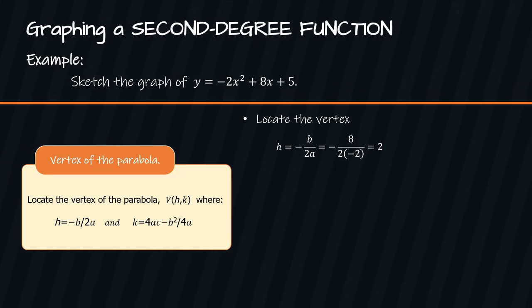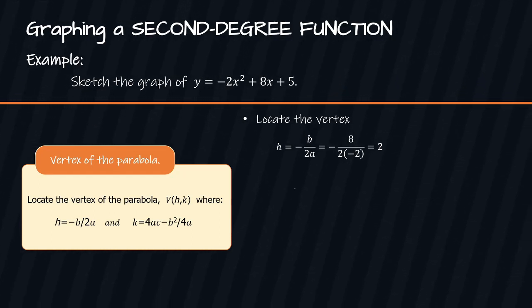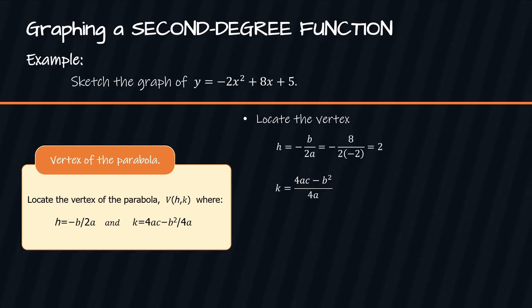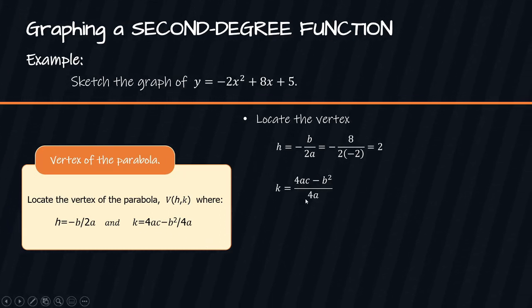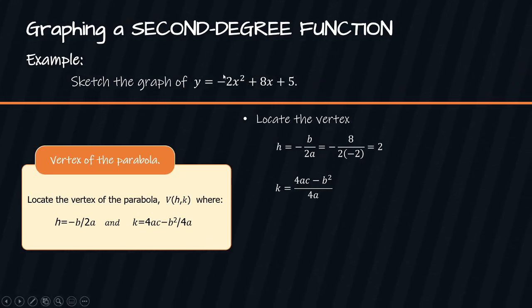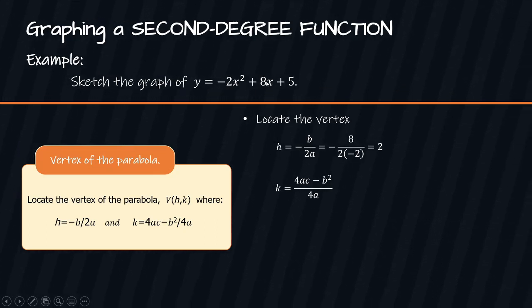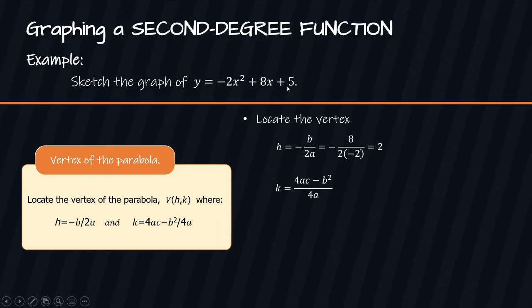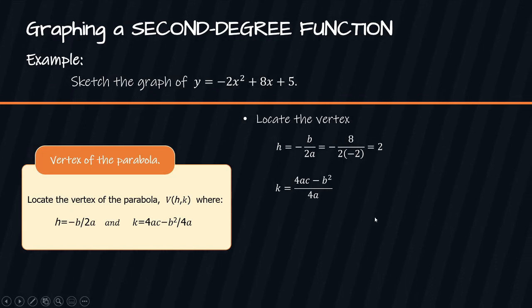Then we proceed with the value of k. k is equal to 4ac minus b squared over 4a. Again, your negative 2 is your a, your 8 is your b, your 5 is your c.